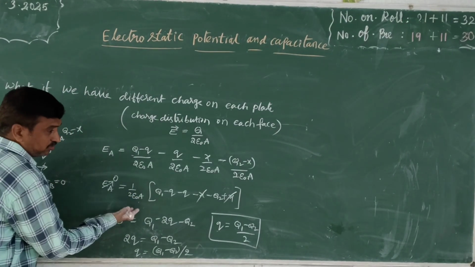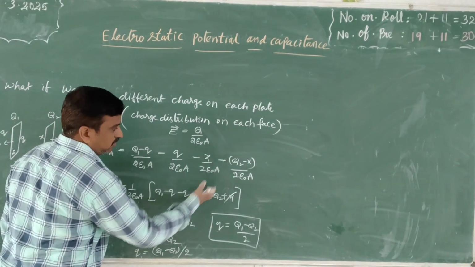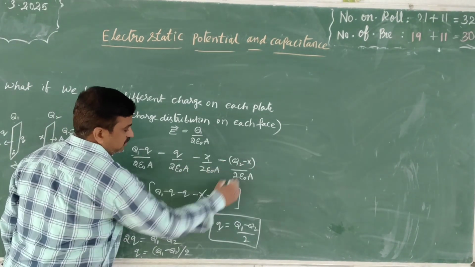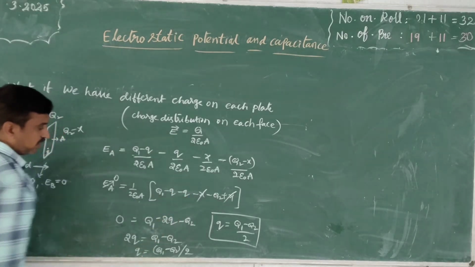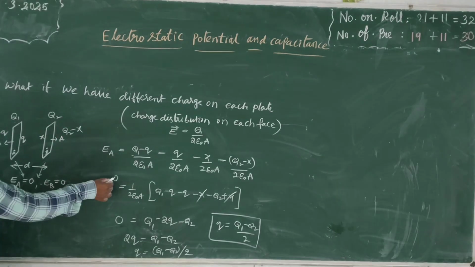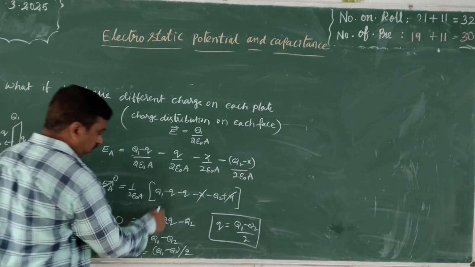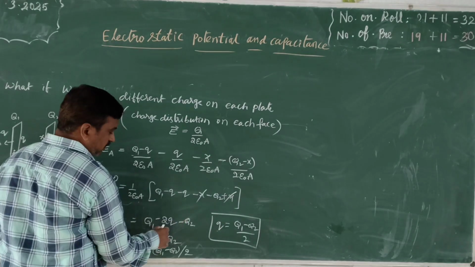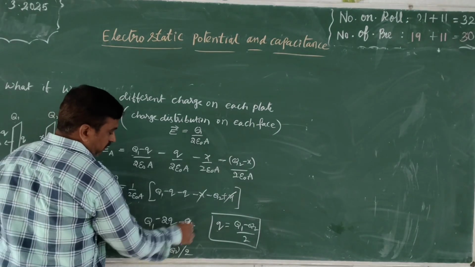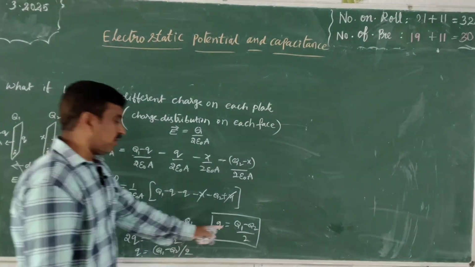Here 1 by 2 epsilon naught A is common, so q1 minus q minus x minus q2 plus x; minus x plus x cancel. Since the field inside the conductor is 0, we get 0 equals q1 minus 2q minus q2. So 2q moves across, and q equals q1 minus q2 by 2.